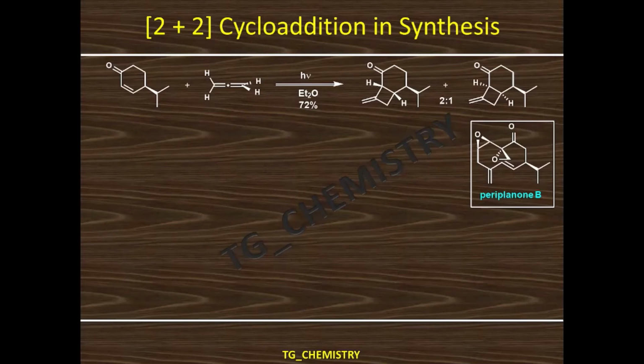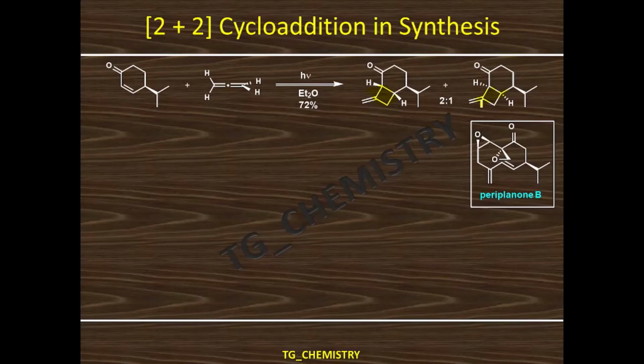Here is another example where the cyclic enone compound reacts with an allene compound, the simplest allene, in diethyl ether solvent under photochemical irradiation, and again yields the 4,6 fused cyclic structure, and a mixture of structural isomers, as you can see here, in a ratio of 2:1.